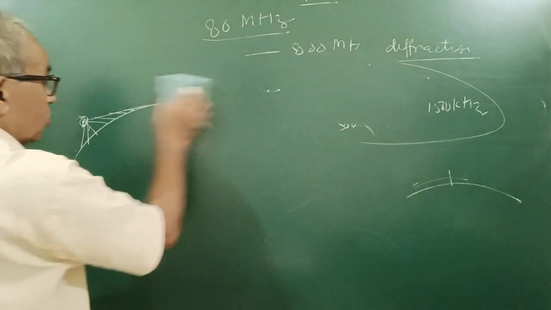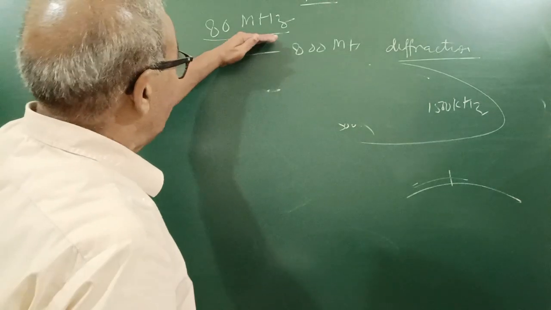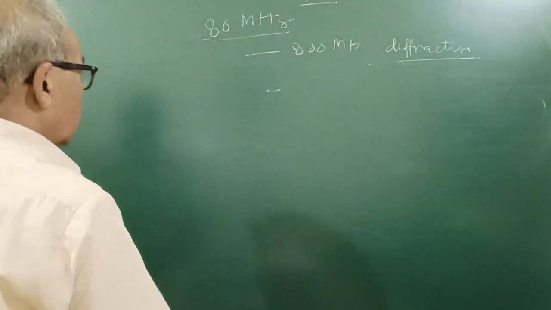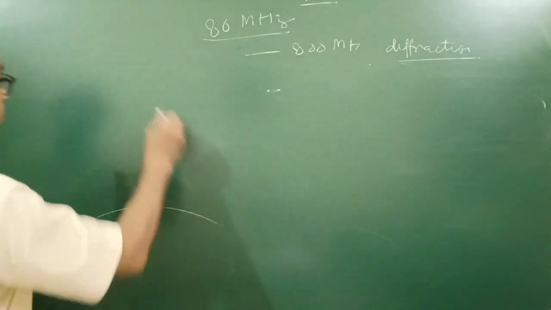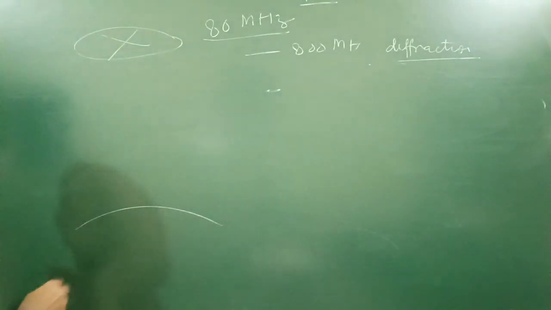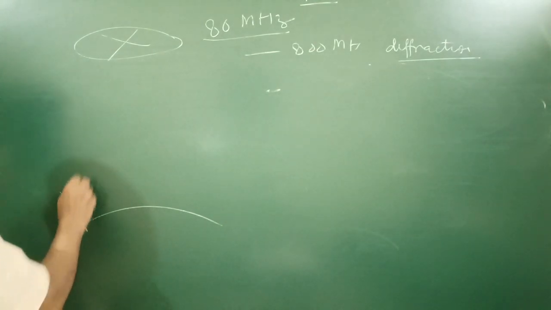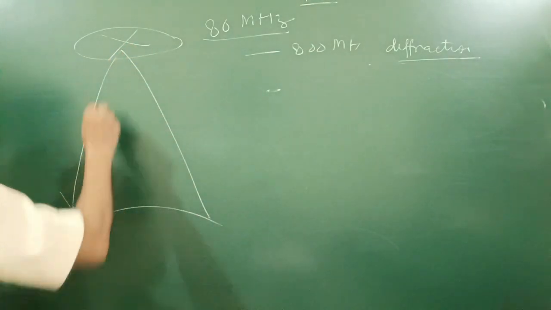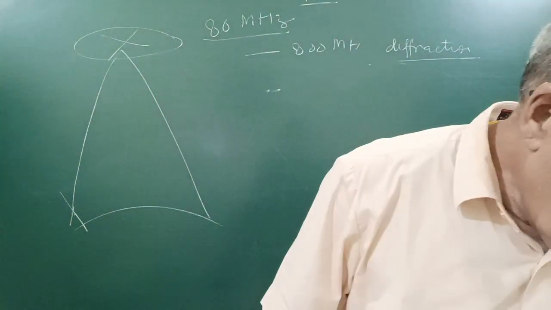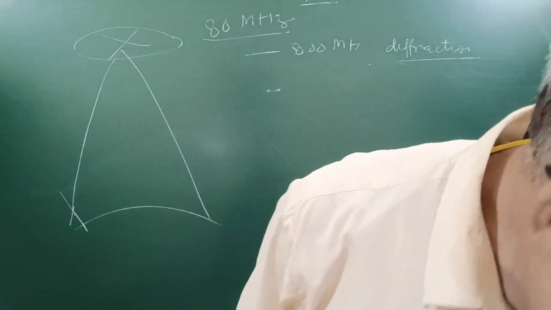Because these are very high frequency waves, they can penetrate through the atmosphere. So we send them up and use a satellite. The range gets increased. So this was all about the spectrum and its properties.